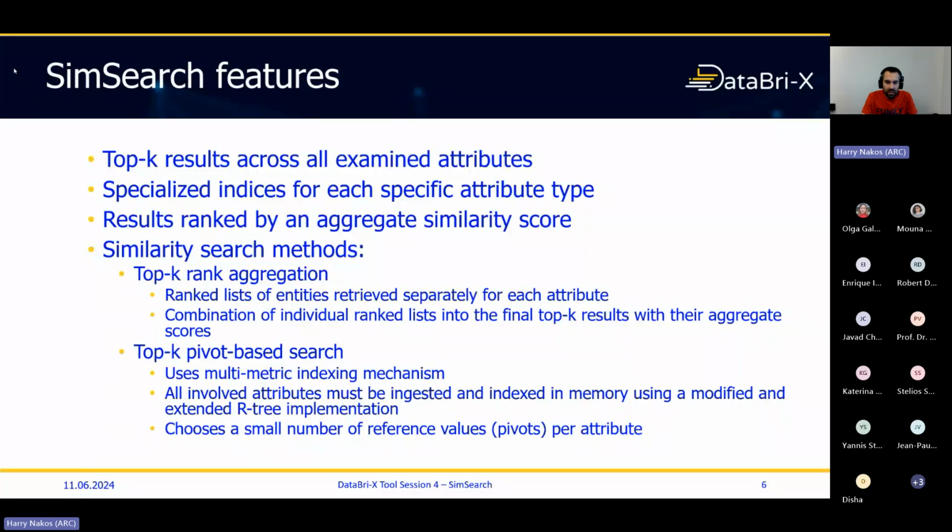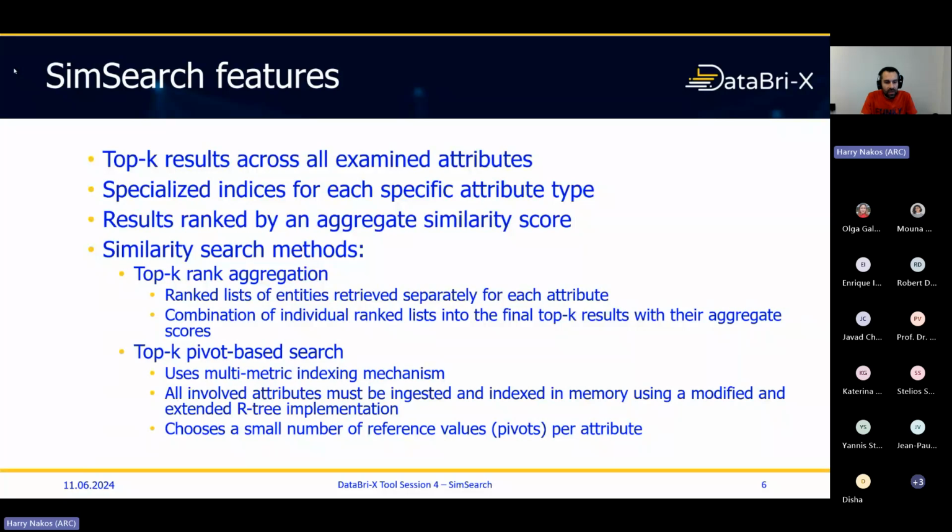Each attribute is ranked separately among the entities that have it, and then the ranked lists are combined to give the final top-k results using the aggregate score weighing all attributes.